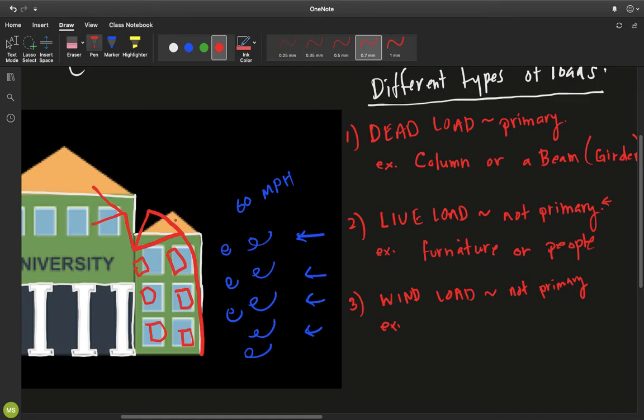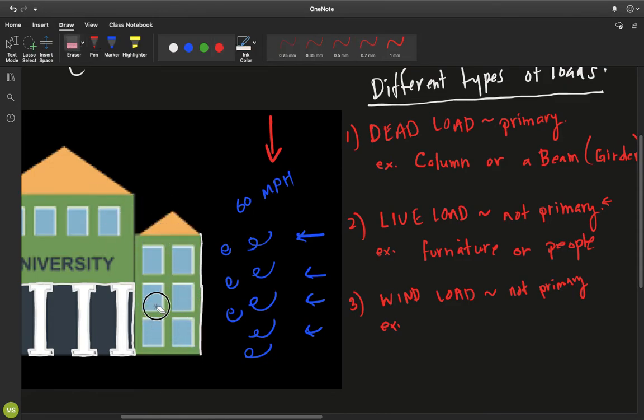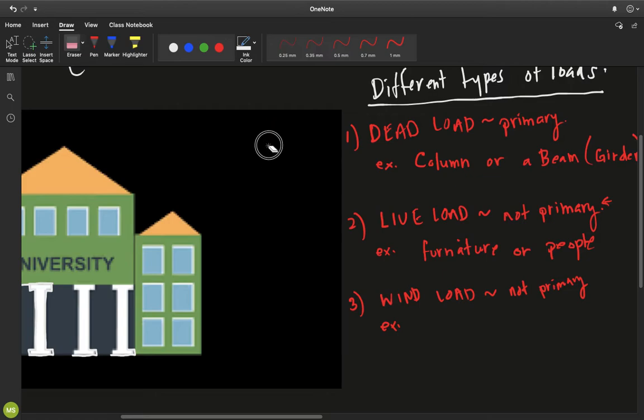And so that is why when you are designing, you take into account all of these wind loads, and you make your structure strong enough so that this will never happen. Or at least design it so that it does not hurt the building at all. Okay? So those are the different types of loading that I just wanted to mention.